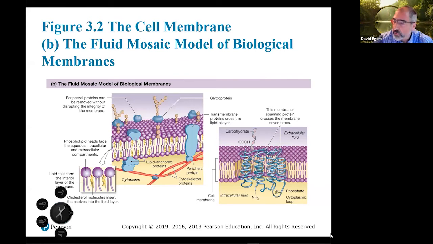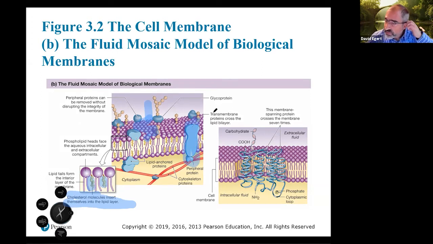Right, so this is just from your book, showing what the cell membrane looks like with a little bit of a better drawing than I could do. Each of these little purple things here are the phospholipids with their heads and their tails. You can see the little cholesterol molecules intercalated in between. And then you can see these transmembrane proteins.